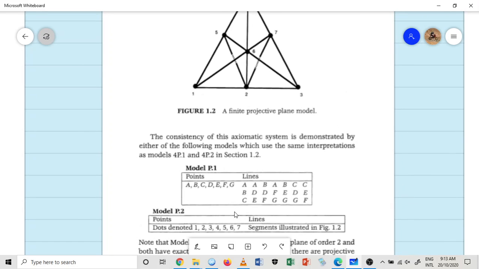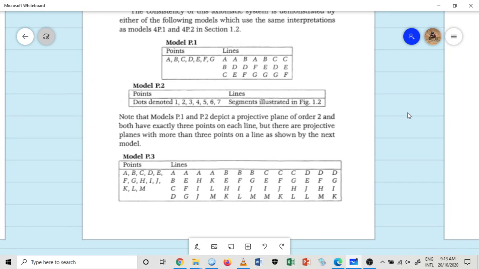Just change the name of the points from A to G to the dots named 1 to 7. Then the segments are represented by columns in model P.1. Here is a model wherein each line has 4 points.